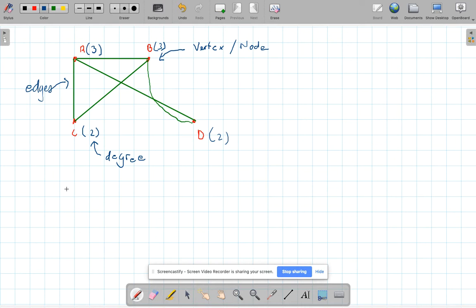Now the size of a graph is all the edges added together. So the size is all the edges. So I'm going to do this one here, and you can probably just count up all the edges for a nice easy graph like this. I've got 1, just put a line through it, 2, 3, 4, 5.